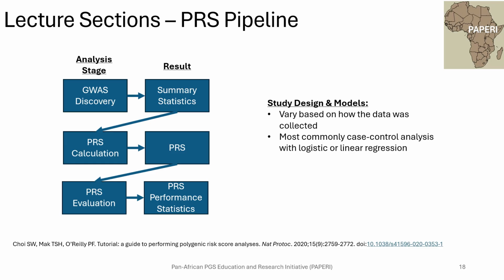And using that as a new variable in our data set, we will then want to evaluate, is it associated with the outcome of interest, right? I mean, the polygenic risk score is supposed to be a sum of common genetic variants that are associated with the outcome of interest, as identified in the GWAS study.